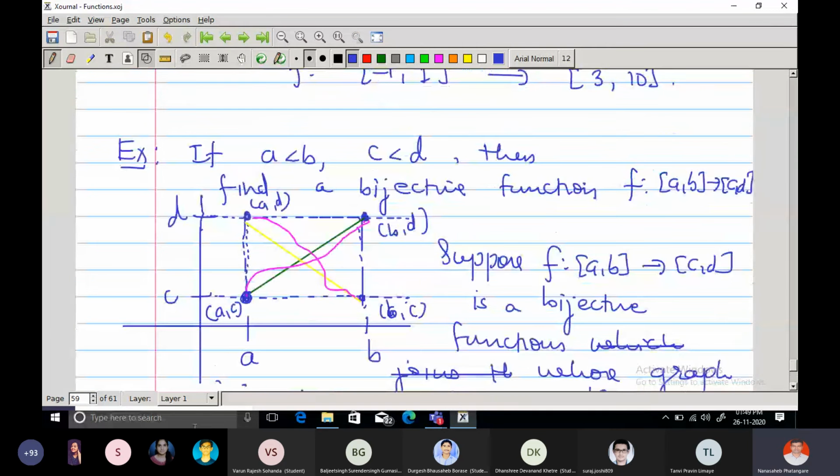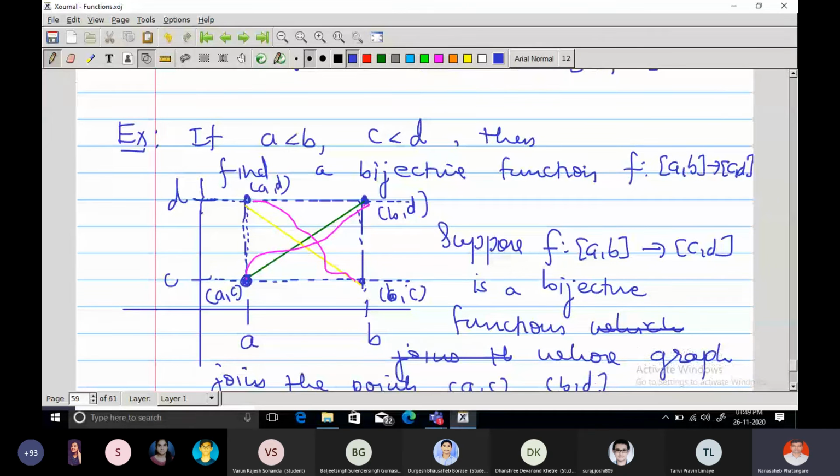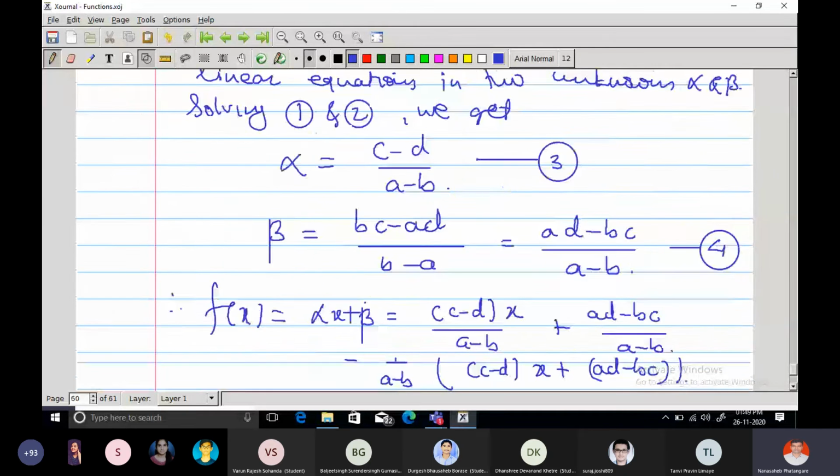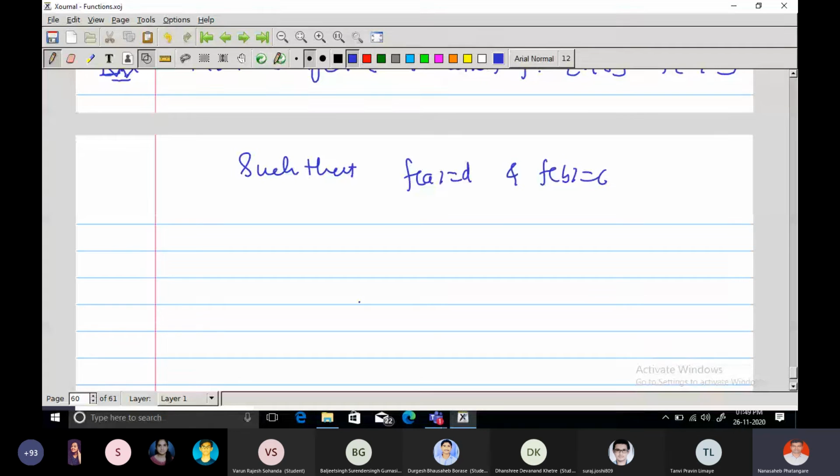Okay, let us go to the next. Find a bijective function f from open interval AB to open interval CD. So actually, the question is the same, I am just excluding the endpoints.